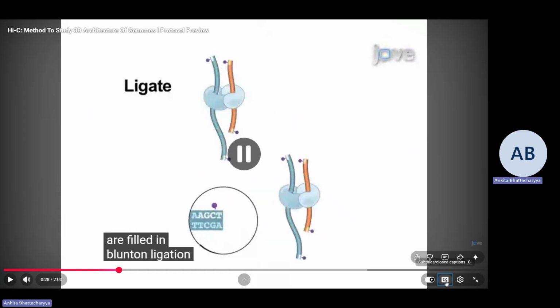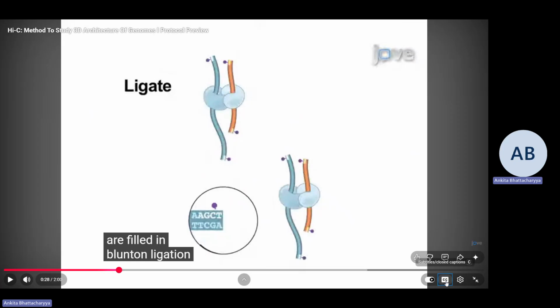Now, keep in mind that this step may or may not be present. It depends upon what sort of ligation or what sort of library you are using. In this case, the library they've suggested involves the use of biotinylated primers, which are able to bind to the sticky end or the overhangs.